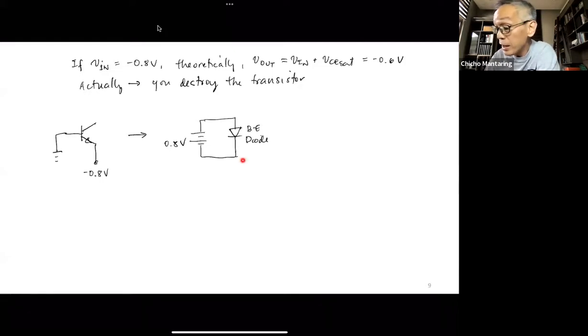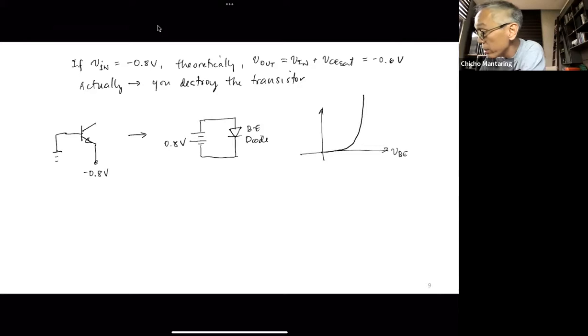That is what is happening when I do this. If I take a look at the characteristics of my base emitter diode, let's say this is VBE.